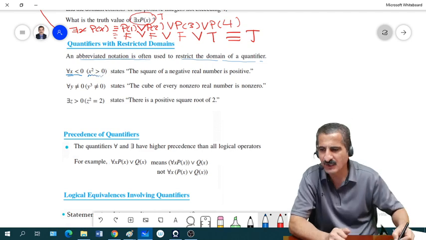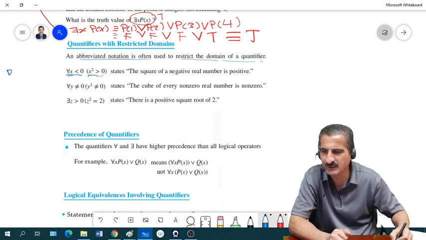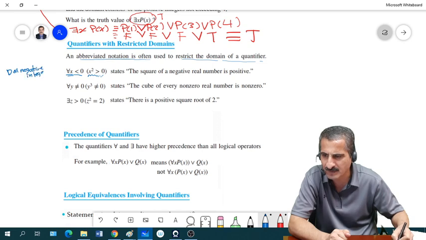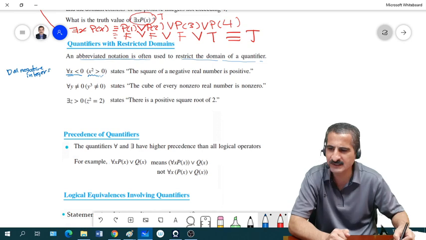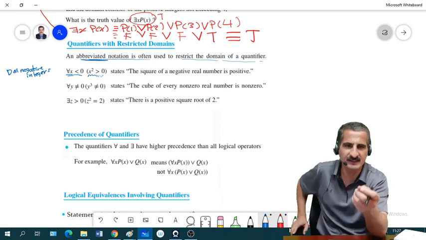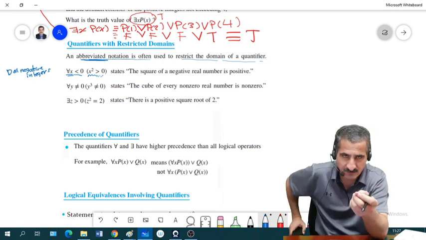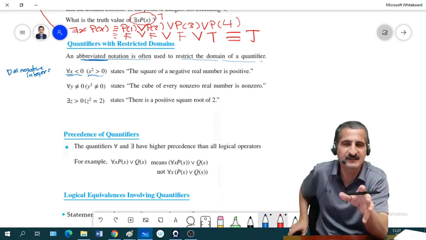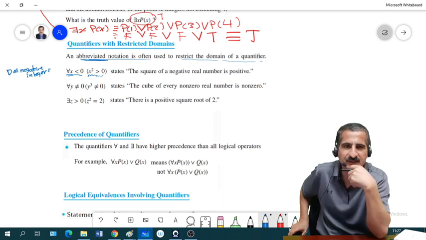So our domain here is all negative integers. We abbreviate that by saying for every x less than 0, we have x squared greater than 0.